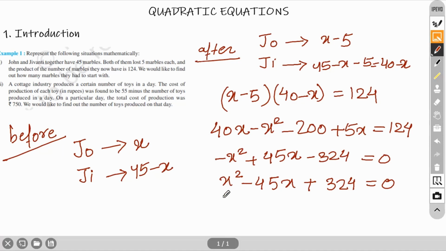So any value that satisfies this equation would be the answer. Okay, would be the number of marbles that John has. Any value of x. So that was asked to represent the following situation mathematically. So this is the mathematical representation of the problem.